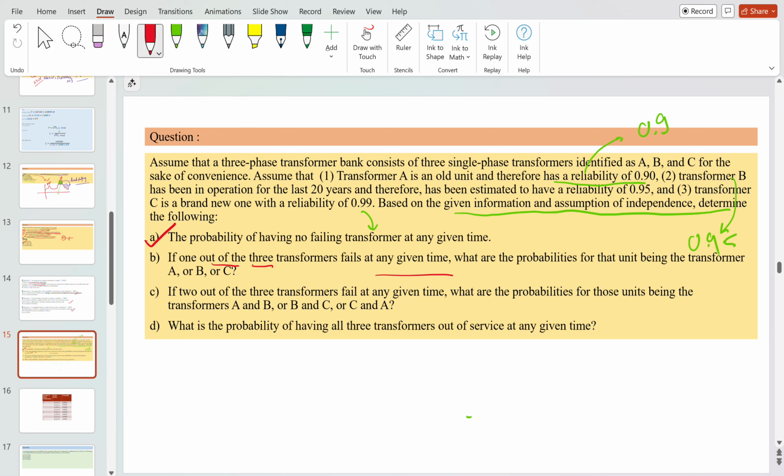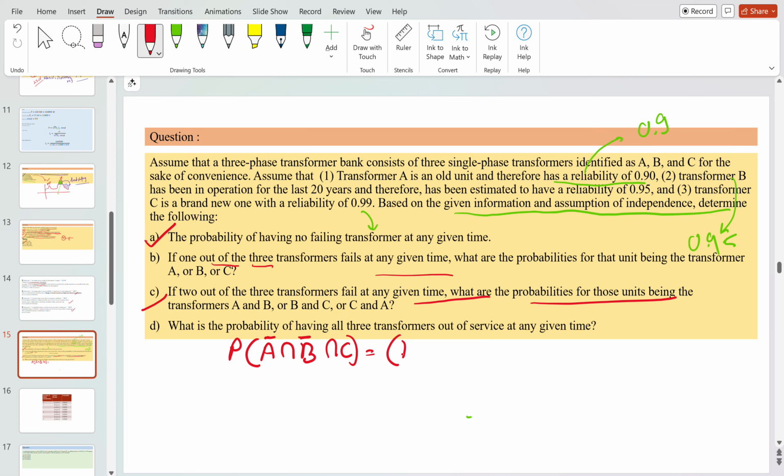In part C, it is telling that if two of the three transformers fail at a given time, what is the probability for the units being transformer A and B, B and C, or C and A? So it's like this: probability of A, A is not operational, B is also not operational, C is operational.